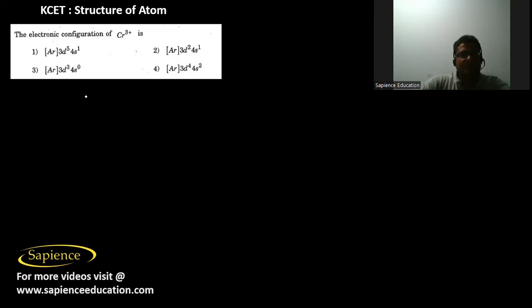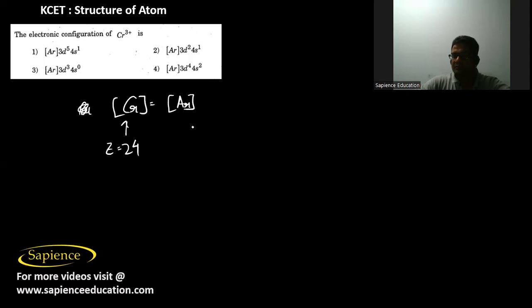Then here it is told the electronic configuration for Cr3 plus is. For chromium, the atomic number Z is 24, so the configuration will be argon, then 4s1 3d5 actually.